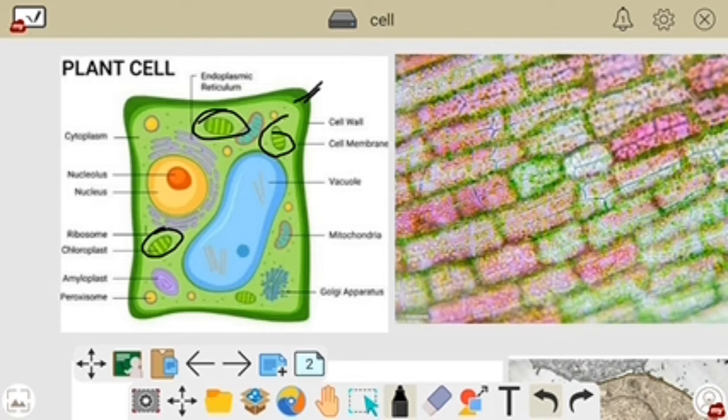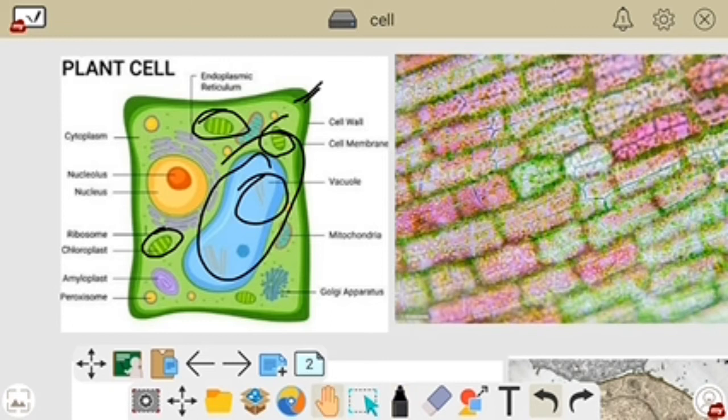Let's see the next part of cell, that is large vacuole. Vacuole is a space in cytoplasm which contains some substances dissolved in water. So the size of the vacuole in plant cell is very large, right?